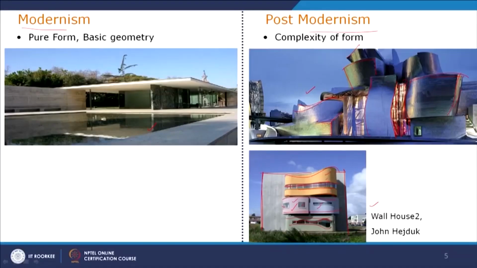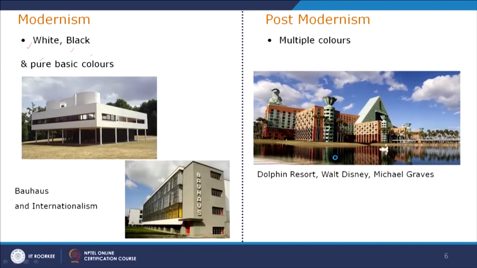And postmodernism has a lot of experimental colors, for example purple and blue, and this kind of yellowish orange. And here in this Dolphin Resort in Walt Disney World, designed by Michael Graves, we can see orange and different shades of orange, sap greens, which is not a pure green like the green Frank Lloyd Wright used, and also used by Le Corbusier in Chandigarh.